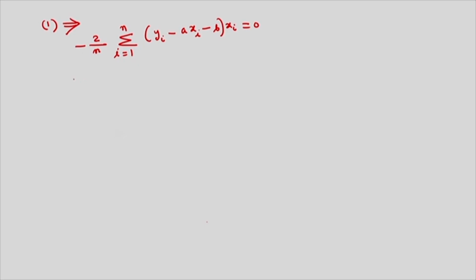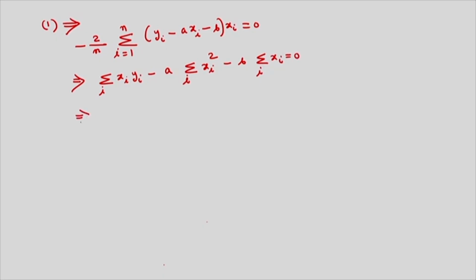So I can write it like this: summation for i from 1 to n of xi yi minus a summation of xi square minus b summation of xi is equal to 0.